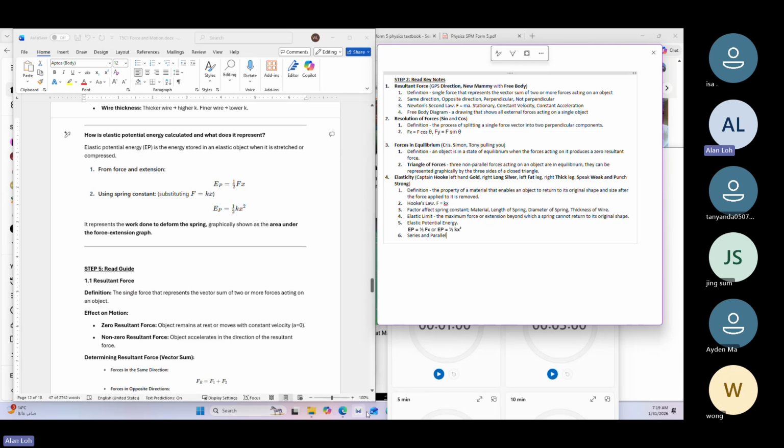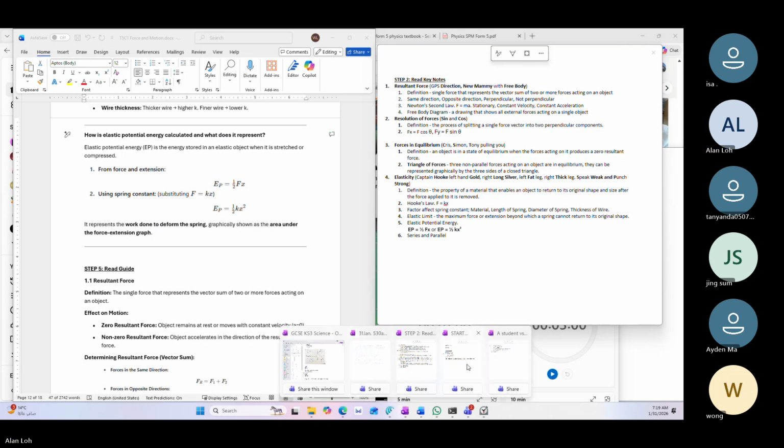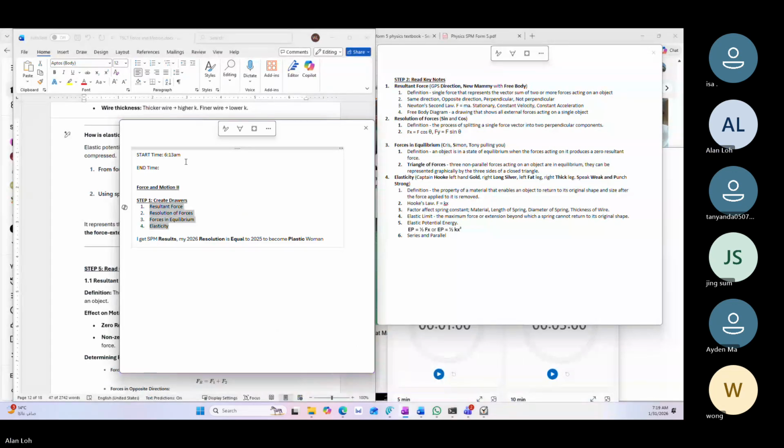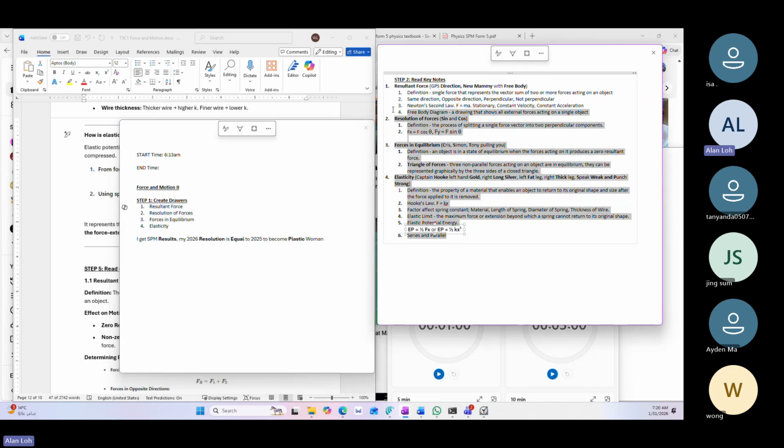And we only started just now. What time did we start? 6:13. So it's only 1 hour. Usually, if you sit down and read your books for 1 hour, how much information or knowledge do you gain from that 1 hour? Maybe not too much, right? But now, by just following these steps, and we are doing it very slowly, by the way, after 1 hour, you already have quite a good understanding.